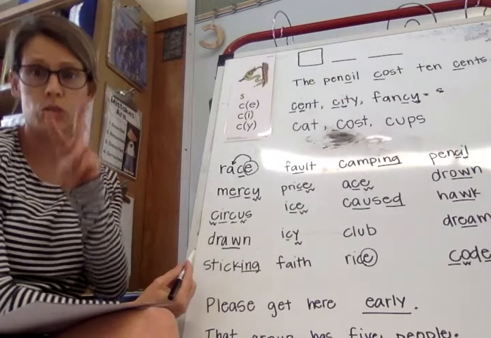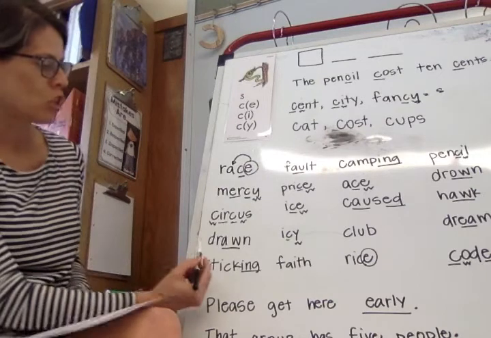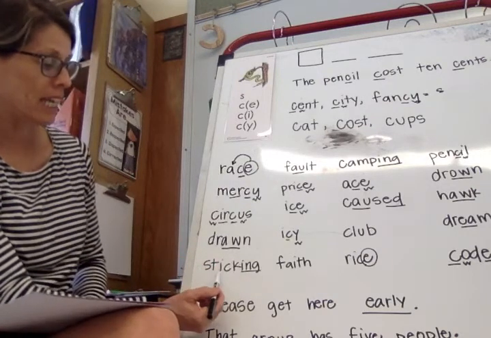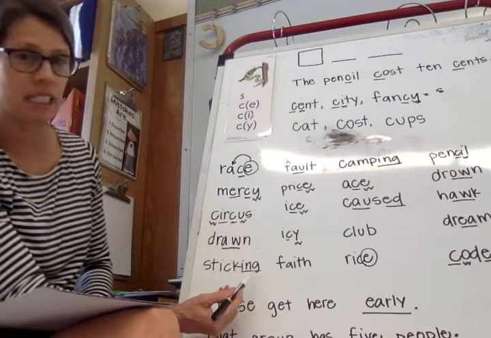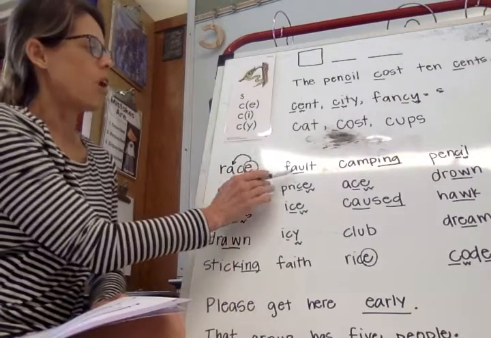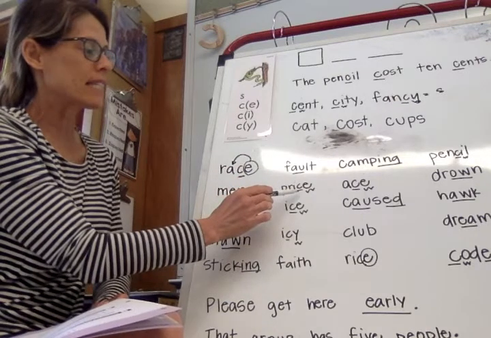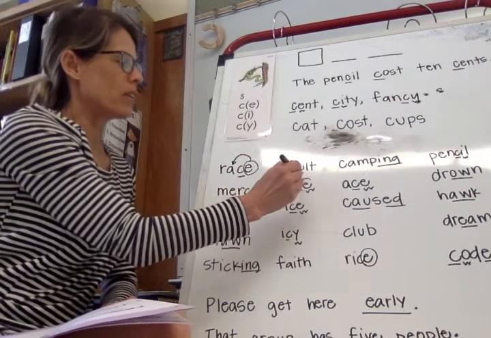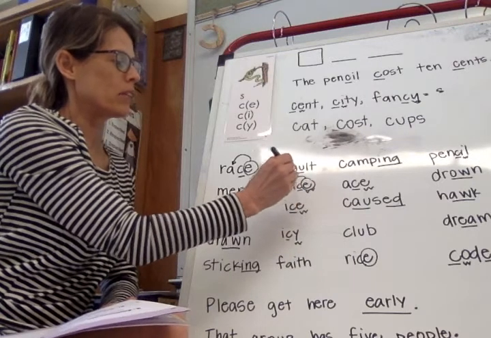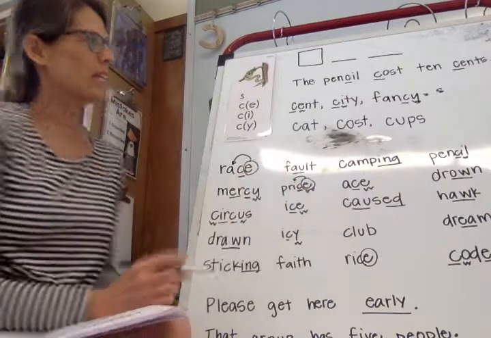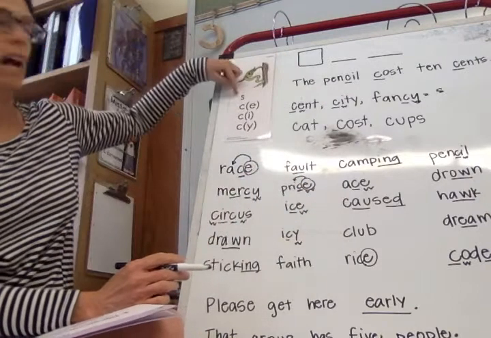It had two C's with two different C sounds. Ice. So again, we have the E jumping over, telling the I to say its name, and we have the C with an E after it, so it makes the S sound.